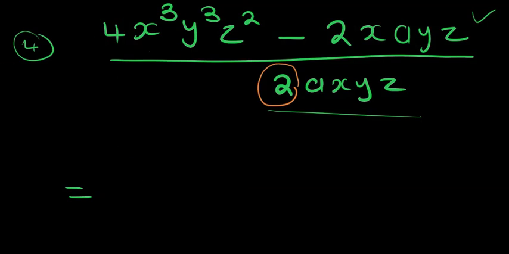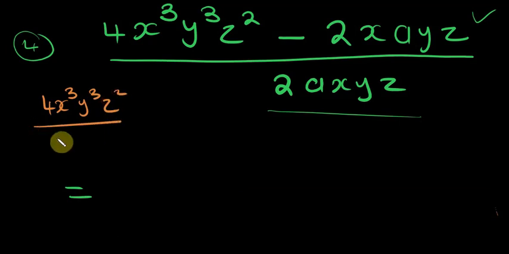Okay, let's maybe do it this way. I'll do it here. I'll say 4x cubed y cubed z squared divided by 2axyz. Okay, how many times does 2 go into 4?